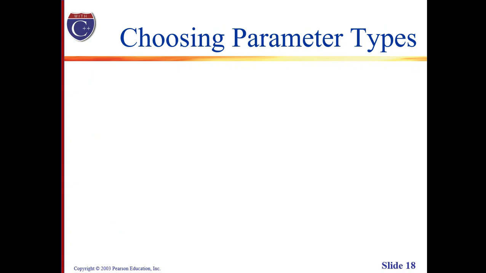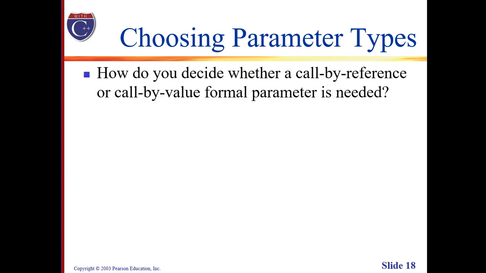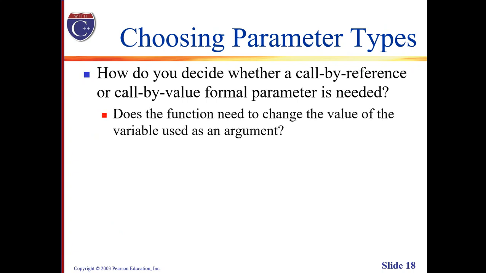Okay, so how do we choose parameter types? Of course, it's also important to know how we choose parameter types. So how do you decide whether a call by reference or call by value parameter is needed? First, we have to know if the function needs to change the value of the variable used as an argument.